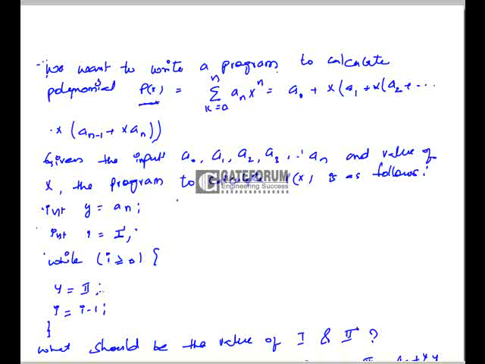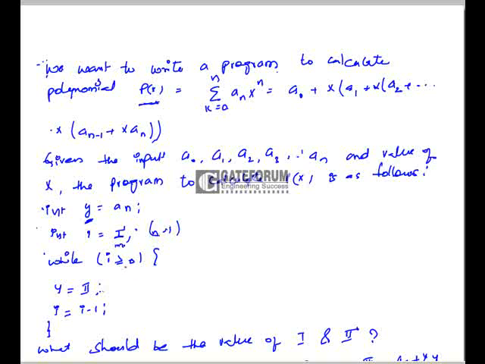So if we see the polynomial, it is a0 plus x into (a1 plus x into (a2 and so on)). Here we have already initialized y to a n. Still we need a n minus 1, and so for the initialization, here it should be n minus 1.